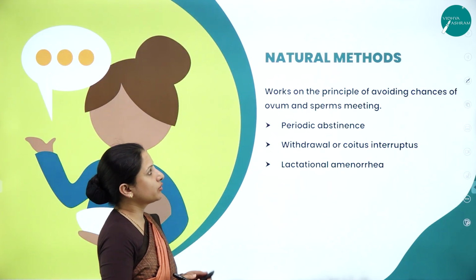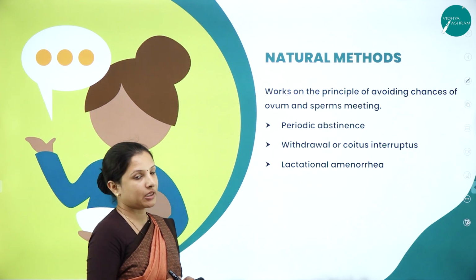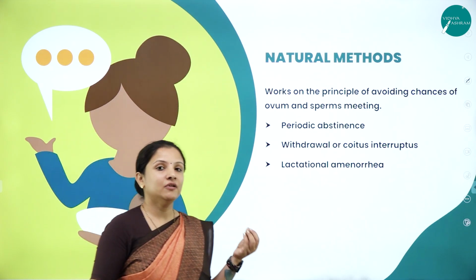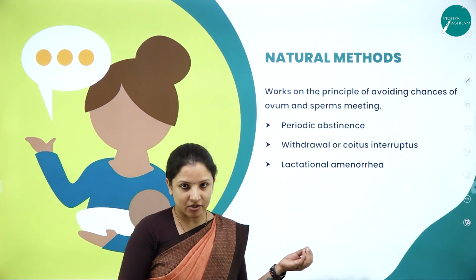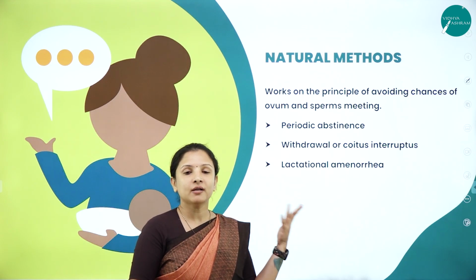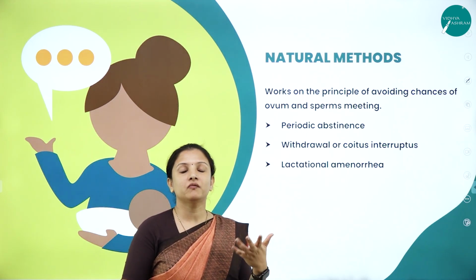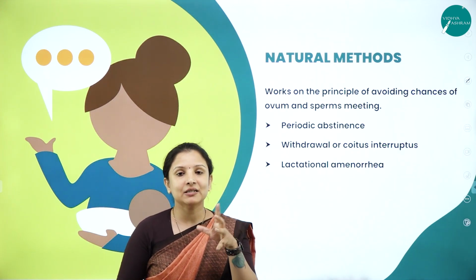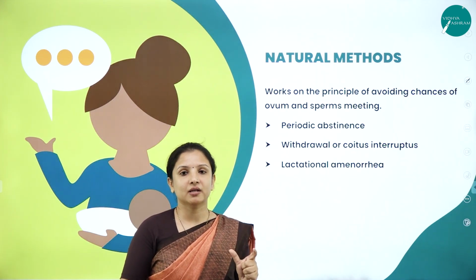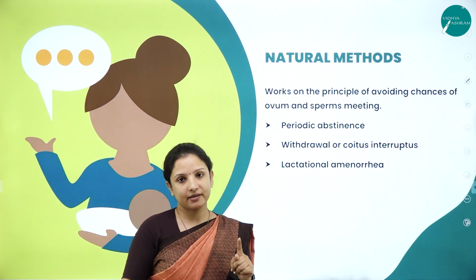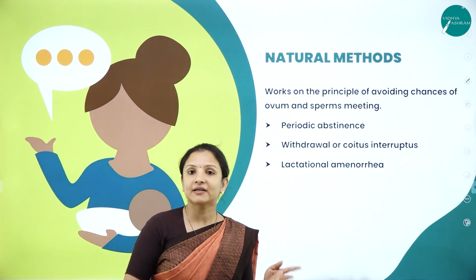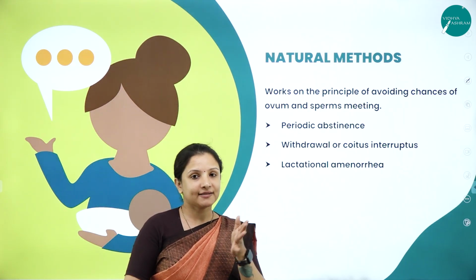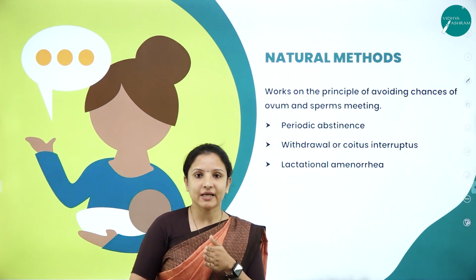So first, talking about the natural or traditional method. What is followed here is what we have learned in human reproduction, that is chapter 2. If not, you can have a look at that particular session wherein we talked about the menstrual cycle. The menstrual cycle is a 28-day cycle wherein once in every 28 days the female menstruates, wherein the first 3 days of the menstrual cycle is where bleeding happens, and we had studied what happens in the next stages, right?